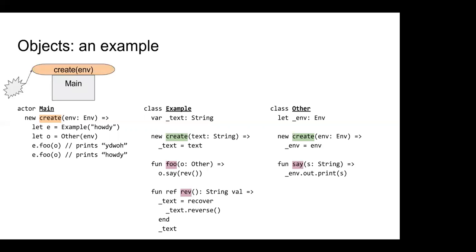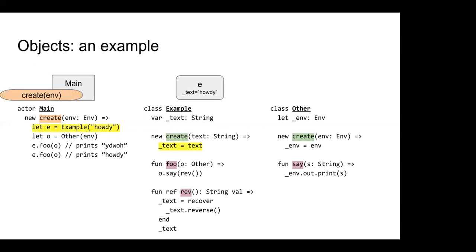So here's the life cycle of this little program that we've written. That little starry box there is the runtime. The first thing the runtime does is it creates a Main object, and it sends it a create message. When Main starts handling the create message, the first thing it does is it instantiates that Example object and passes it "howdy" as its text.